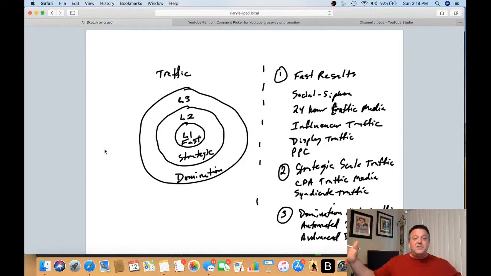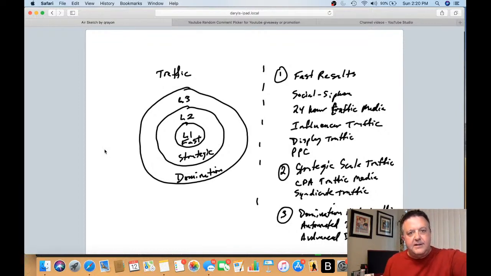And this is really the top of the line. Data aggregation, that's what the big companies, your Amazons and so on, do. We think of them as selling products, but they're actually in the business of aggregating data to make things work for them. So that's our three levels of traffic.